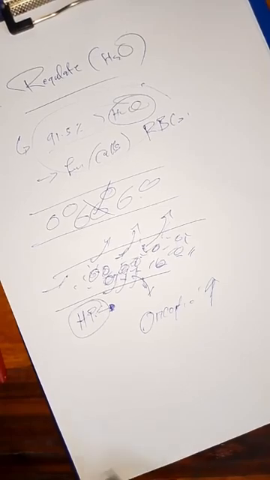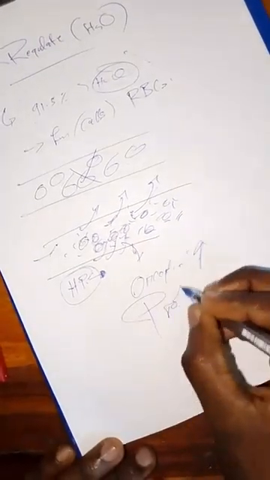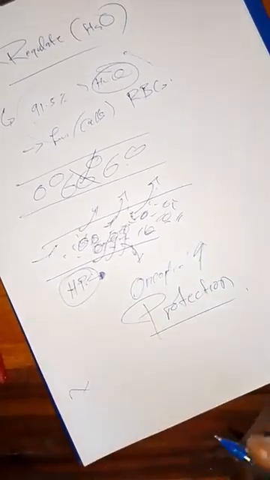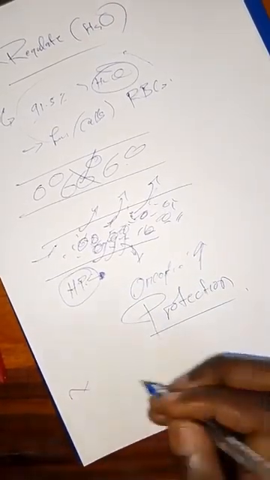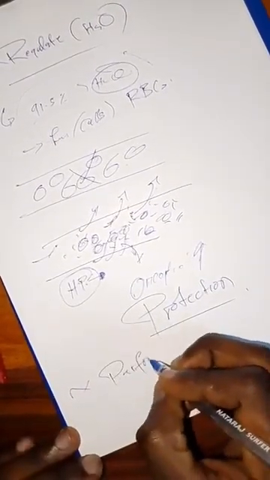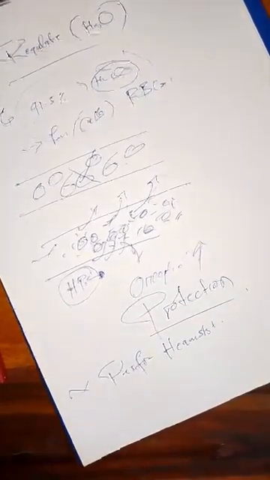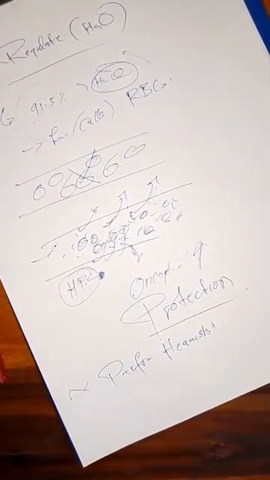Then apart from that, we can look at the last part, which is protection. How does the blood play a role in protection? The blood has the ability to perform hemostasis, preventing excessive bleeding.